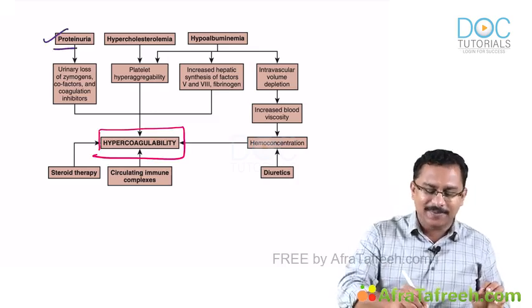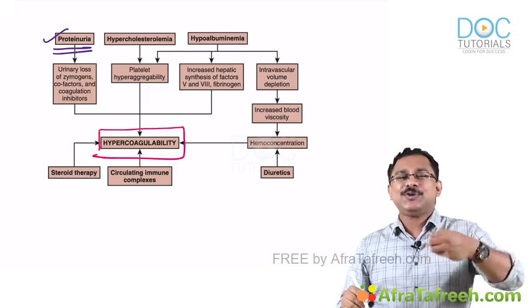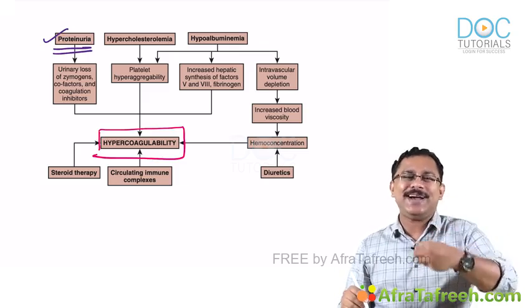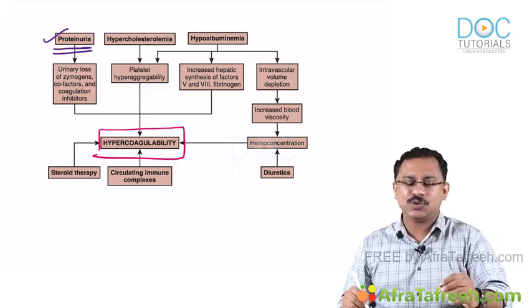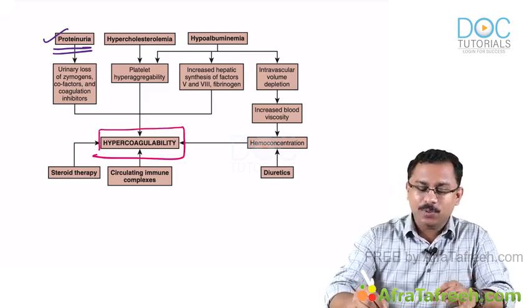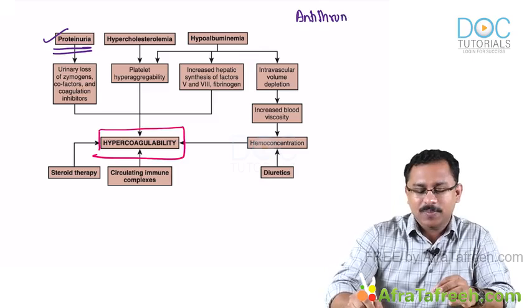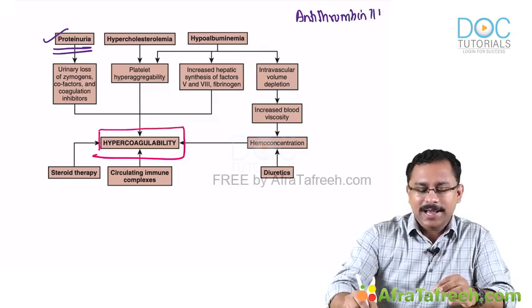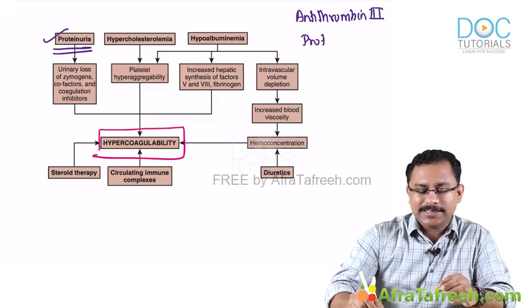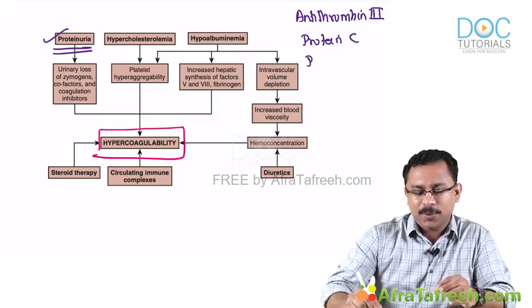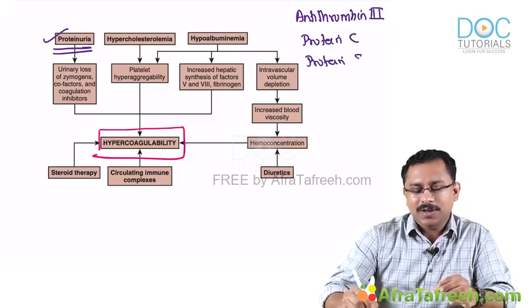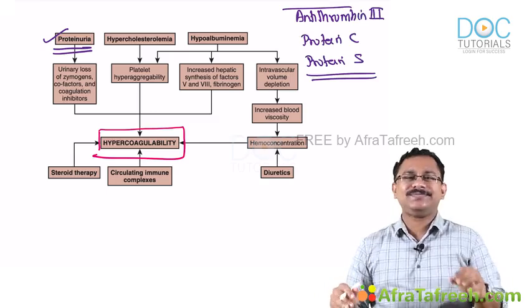One is, you are having proteinuria. Because of the proteinuria, other substances are also lost through the urine, such as antithrombin 3. You will have protein C loss and protein S loss. All these are actually lost through the urine.